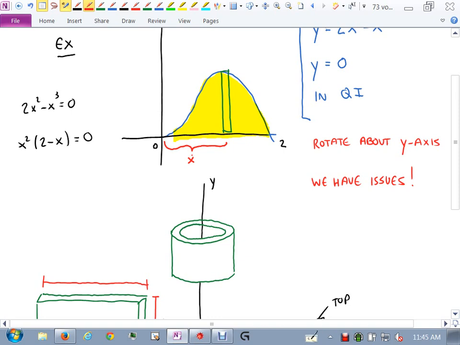So if that's the radius of this circle, in this picture that would be the distance from here to here. Now, are you concerned that there's a thickness in that x, the inside or outside radius? Are you worried about that? Why does it not matter? There are going to be infinitely many rectangles, which means as we put more rectangles in, the width gets smaller and smaller and converges.